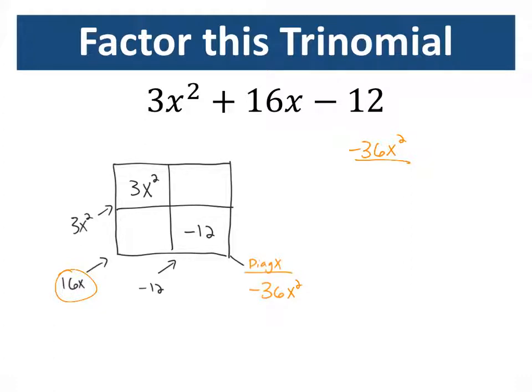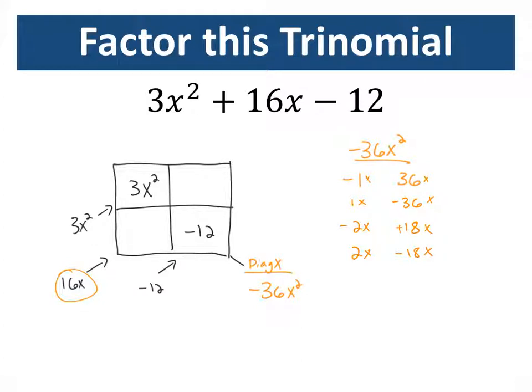So we've got negative 1 and 36. Those multiply to negative 36. And similarly, 1 and negative 36. Oh, those are all x's. And we've got negative 2 and 18, or 2x and negative 18x.